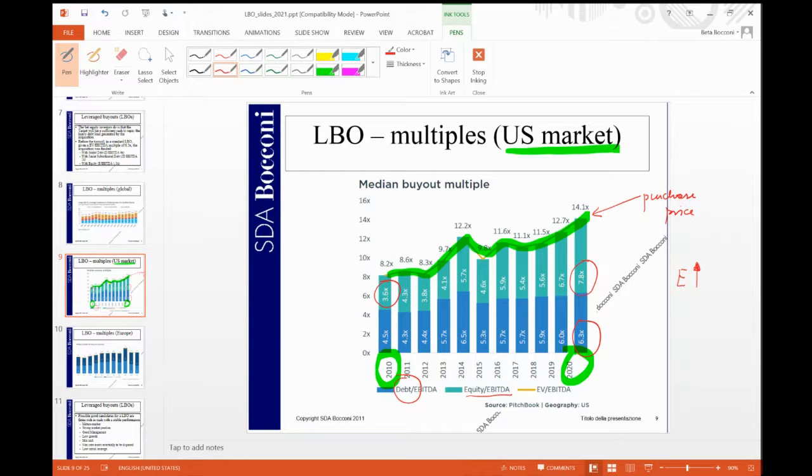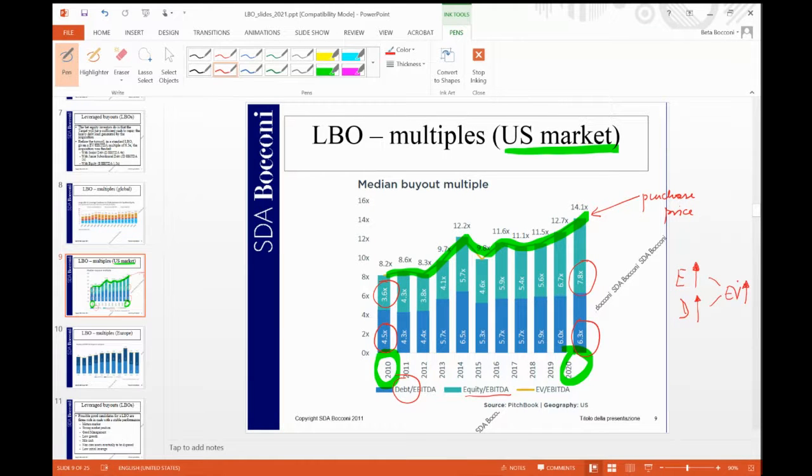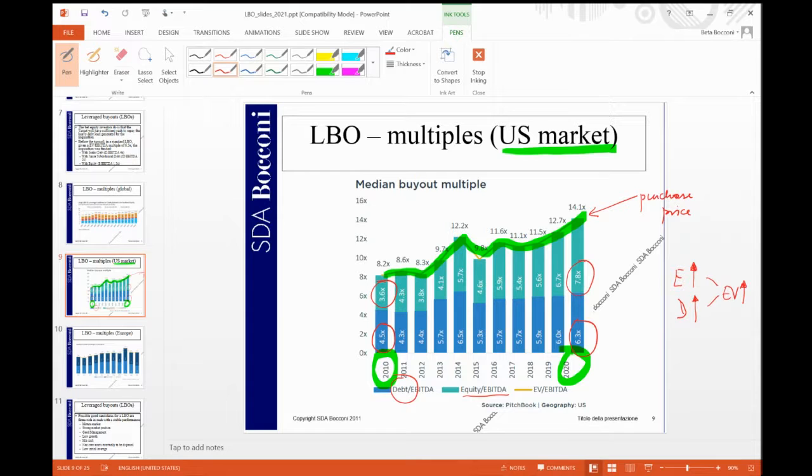However, I could also have a counterfactual element, which is not necessarily counterfactual. Also, the level of debt has increased from 4.5 times to 6.3 times. So also the level of debt relative to the total acquisition price has increased, and this has contributed to an increase of the enterprise value EBITDA.